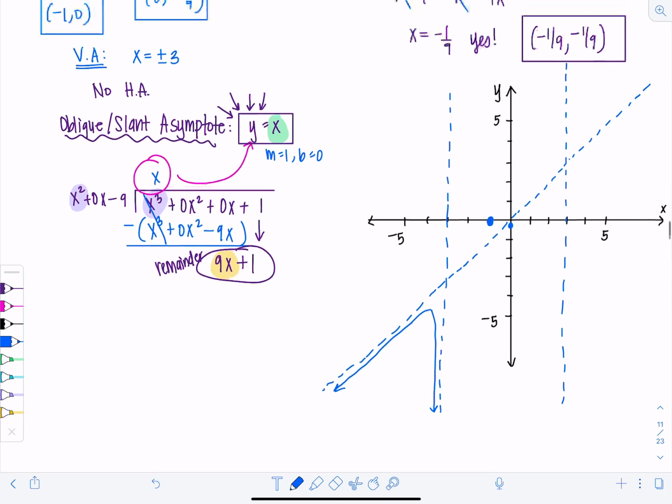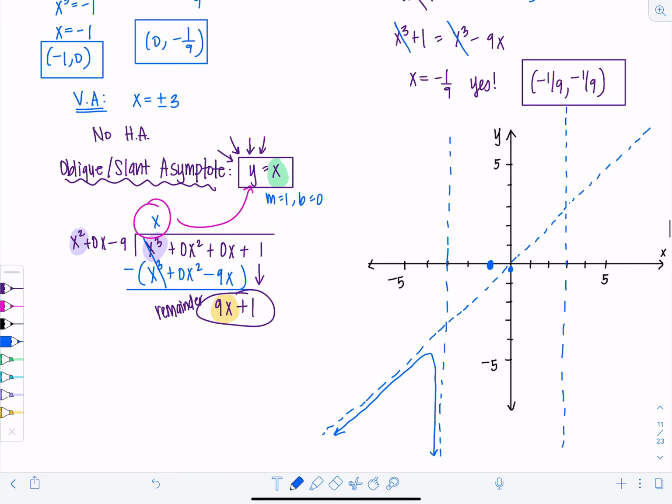Okay, what's going on in the middle? All sorts of craziness, let me tell you. We've got that x-intercept negative 1, 0. We've got the y-intercept 0, negative 1/9. Also, don't forget, we're crossing the slant asymptote at negative 1/9, negative 1/9. So maybe that's somewhere right here. What in the world? Let's think about our options.